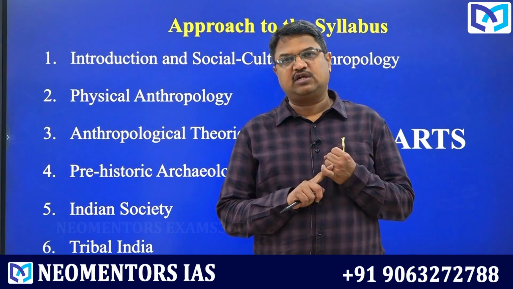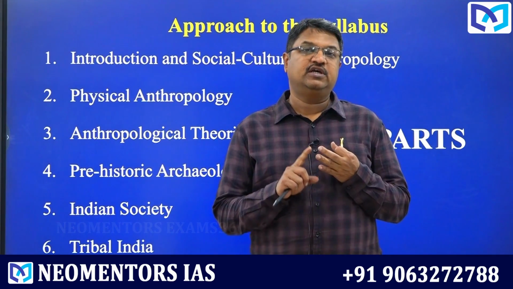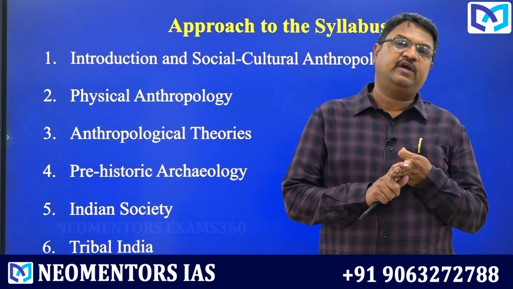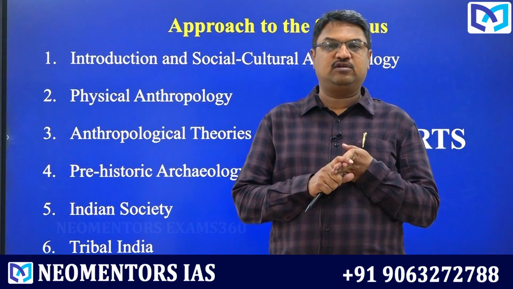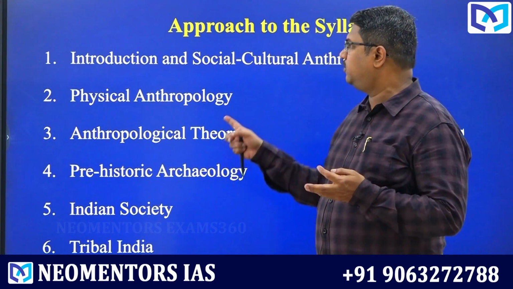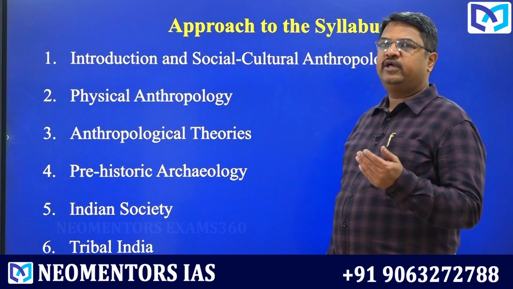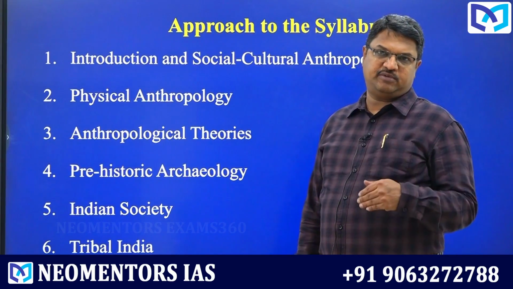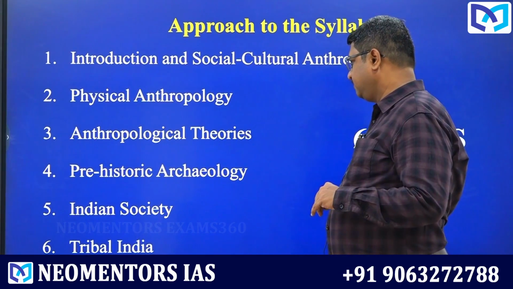One is social or cultural anthropology, second physical or biological anthropology, thirdly linguistic anthropology, and fourthly archaeological anthropology. Here I have added linguistic anthropology in the social cultural part. One by one we will see how each and every part is expressed in the syllabus, which chapter in the syllabus. Now we will go forward.